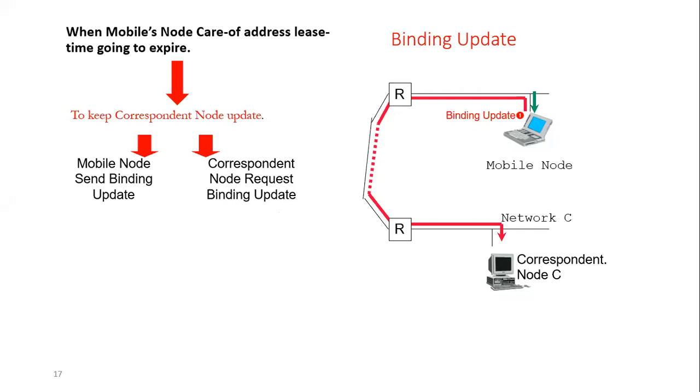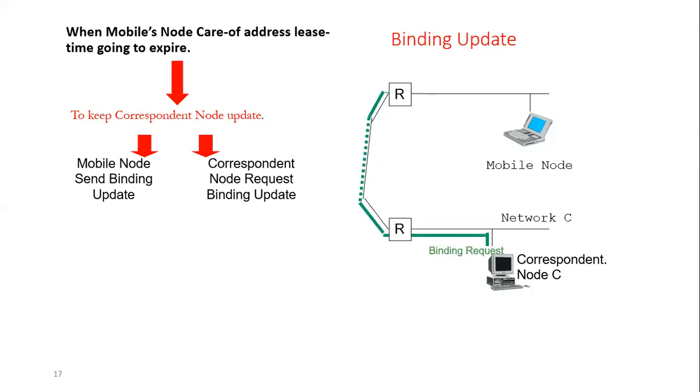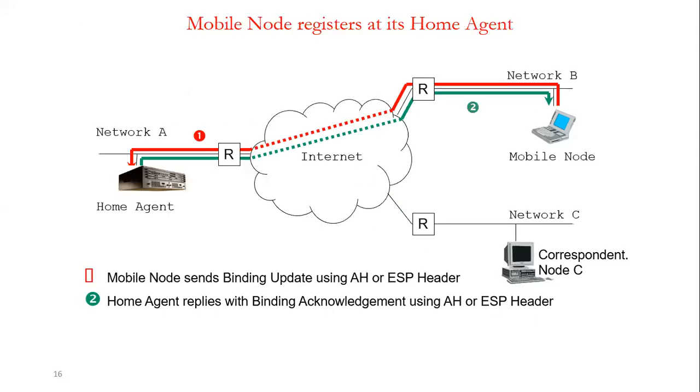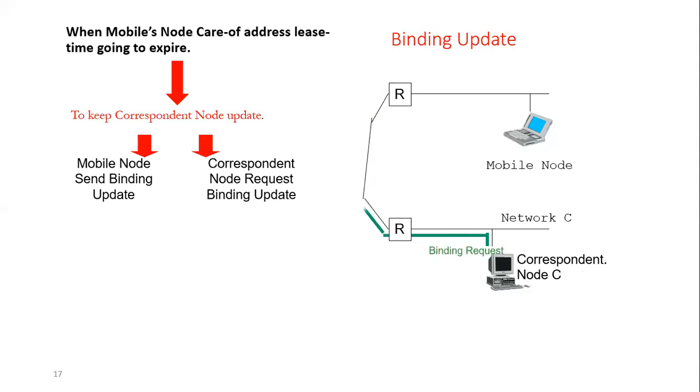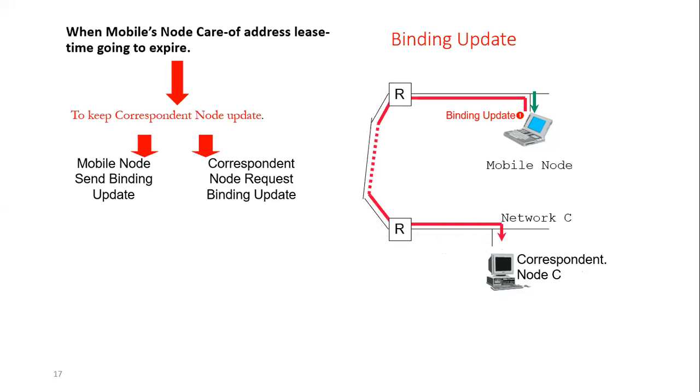So once in a while, you have to update the address because the care of address may change. The corresponding node sends a binding update request, and then the mobile node sends the binding update message with the current IP address information.